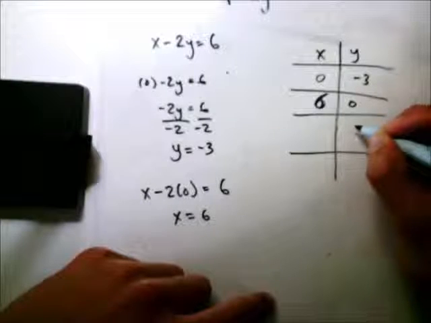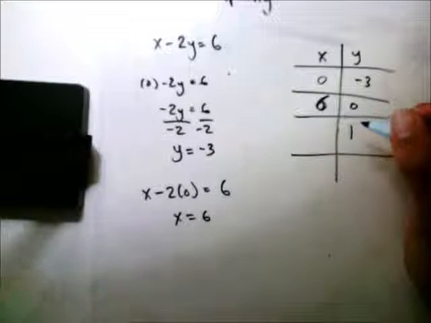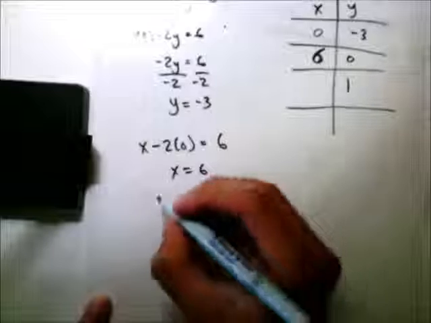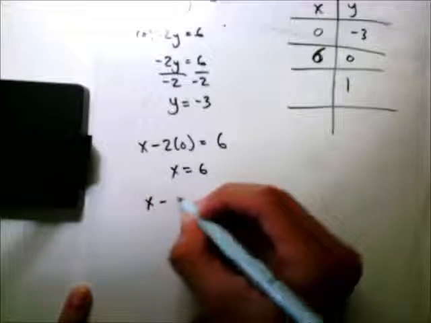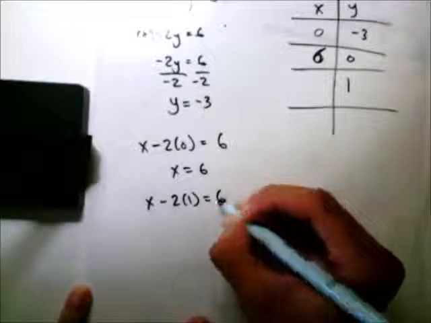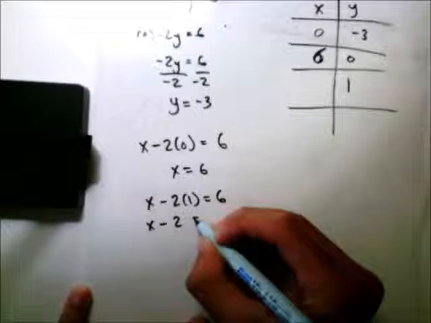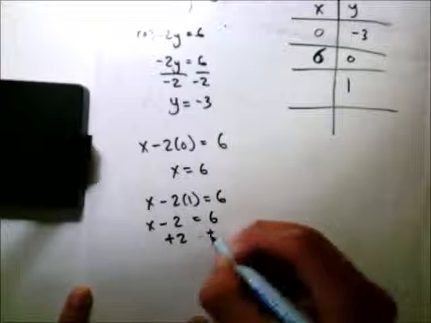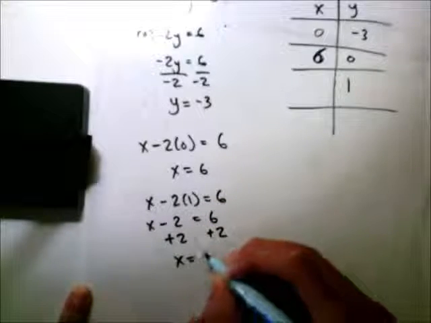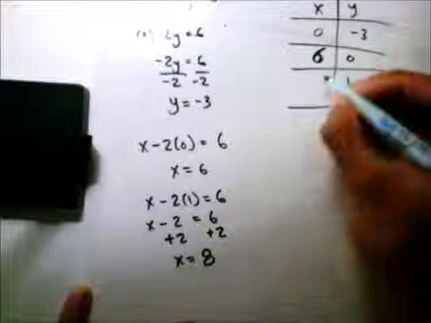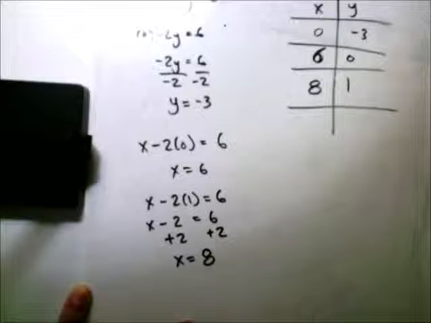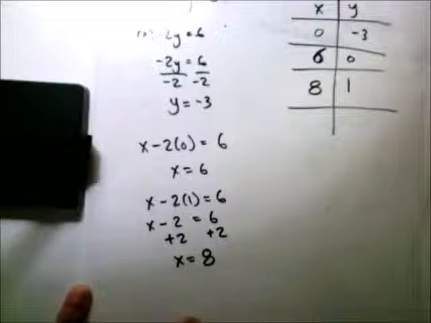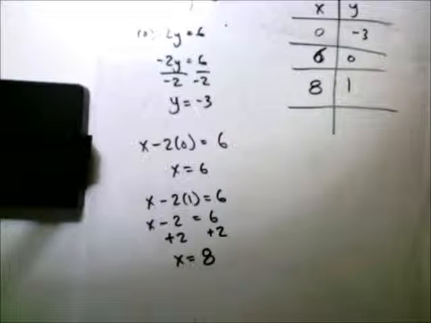In this case, I'll plug in 1 for y and solve for x. So we have x minus 2 times 1 is equal to 6, so x minus 2 is equal to 6. We add 2 to both sides, and we have x is equal to 8. Alright, so with this, we will begin to construct our graph.